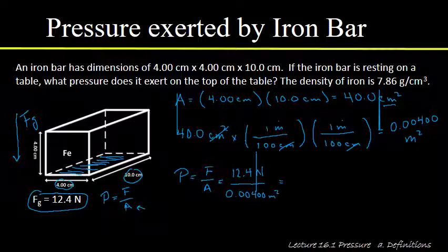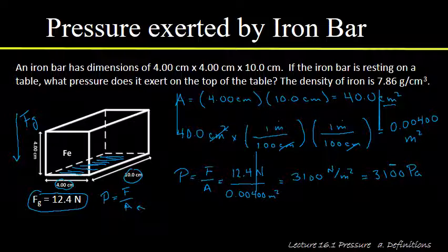If we put that in the calculator, we get 3,100 newtons per square meter. And we said before that this collection of units, newtons per square meter, is 1 Pascal. So we could rewrite this as 3,100 pascals. Right? And we've got 3 significant figures in all the things we multiplied together.